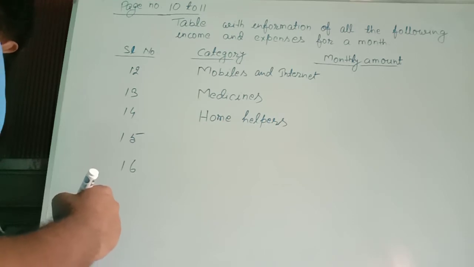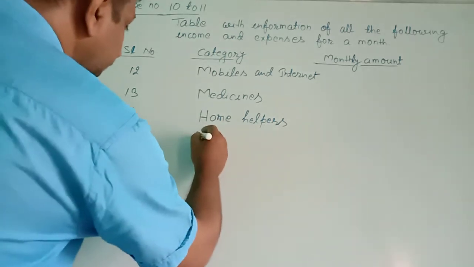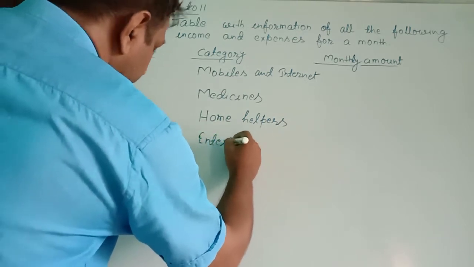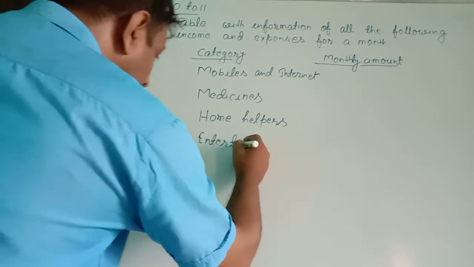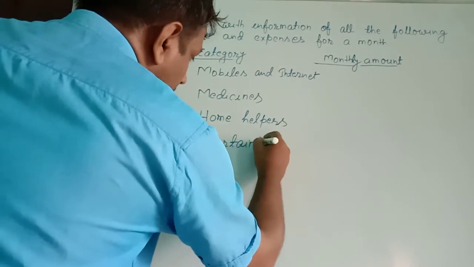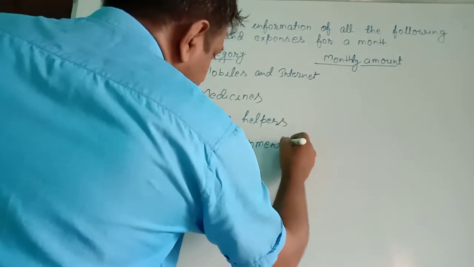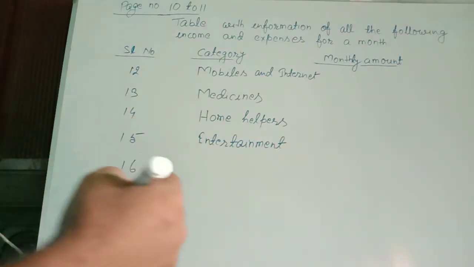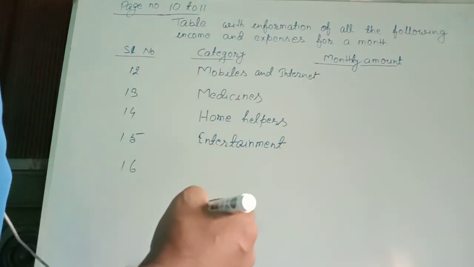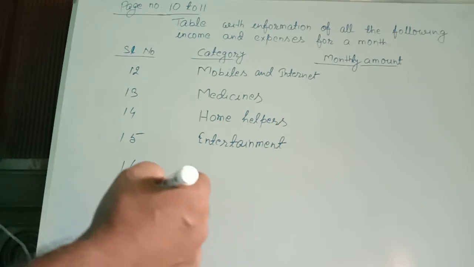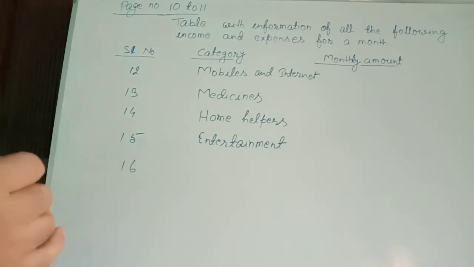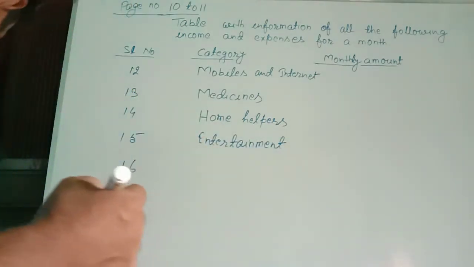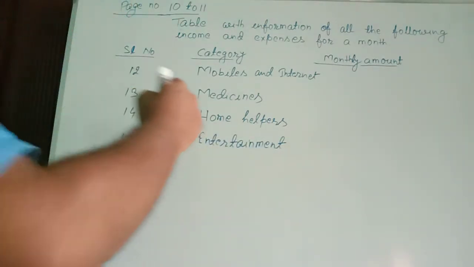Then entertainment: your expenditure on television or some music system or other equipment you use for entertainment, you write on this side. And at last, miscellaneous.